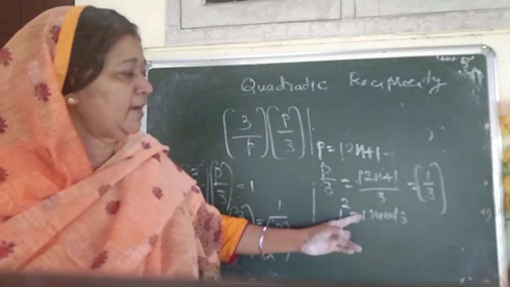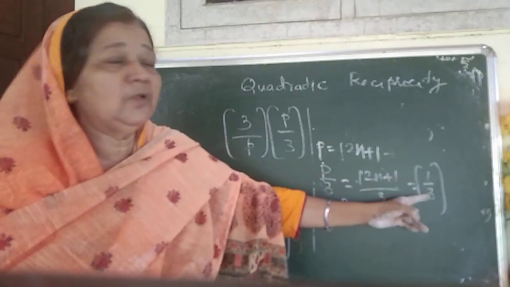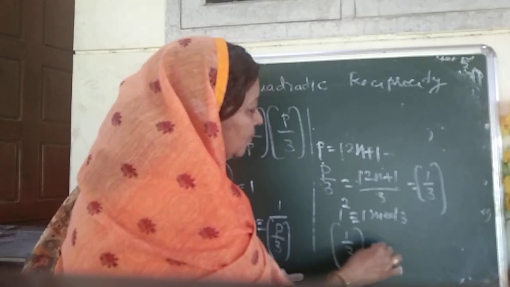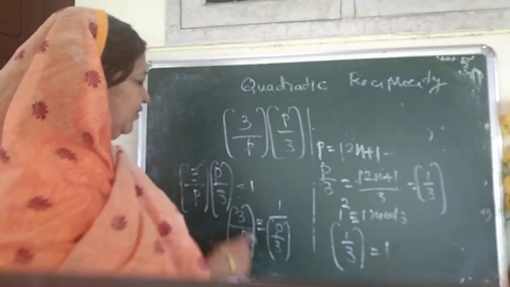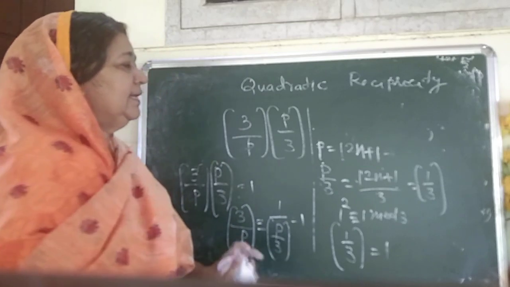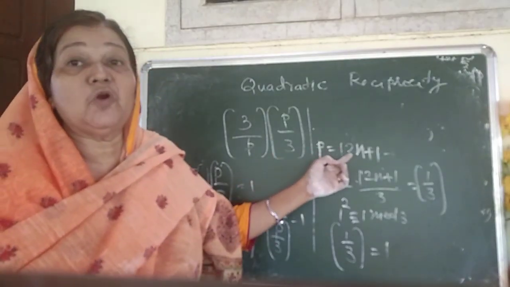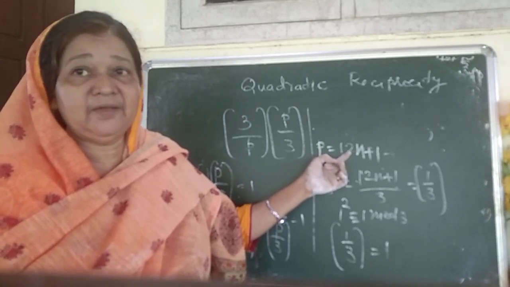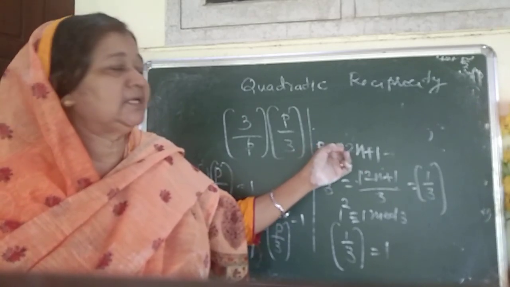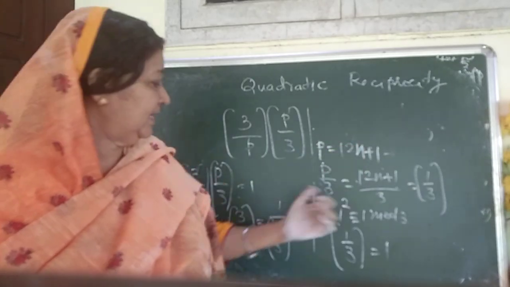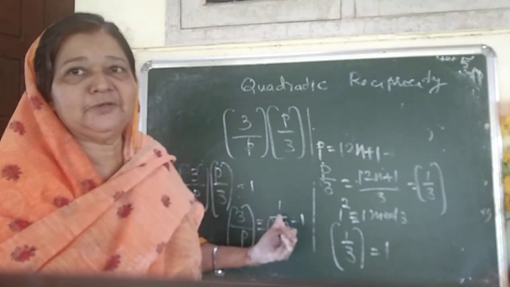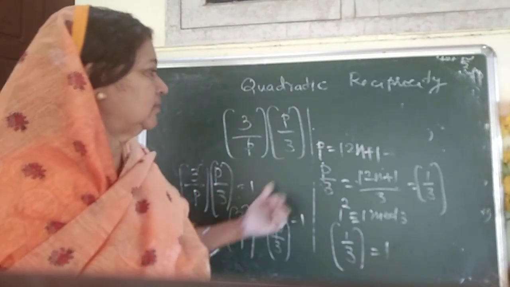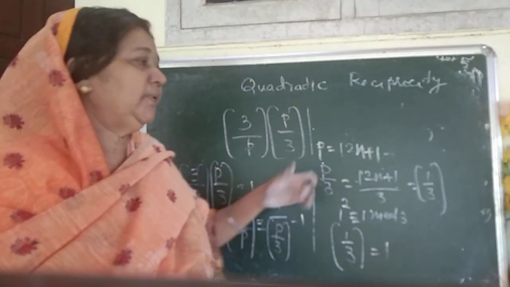That means 1 belongs to the quadratic residues modulo 3. Therefore (1/3) is 1. Therefore (3/p) is 1. That is, if p belongs to this form 12n plus 1, say 13 or 25 and so on, then 3 belongs to the quadratic residues modulo p.